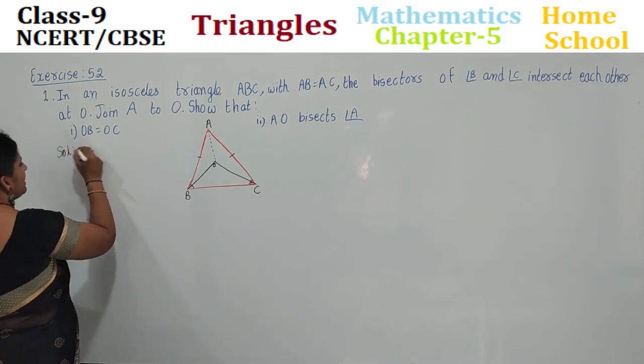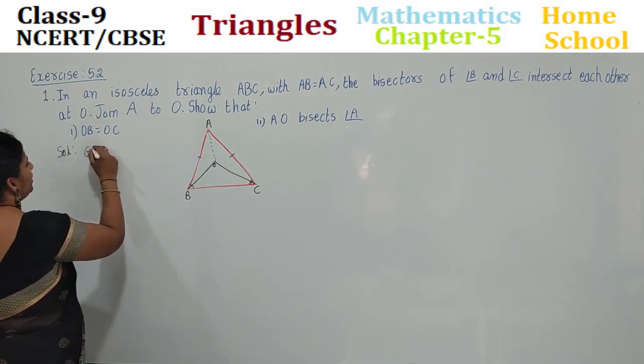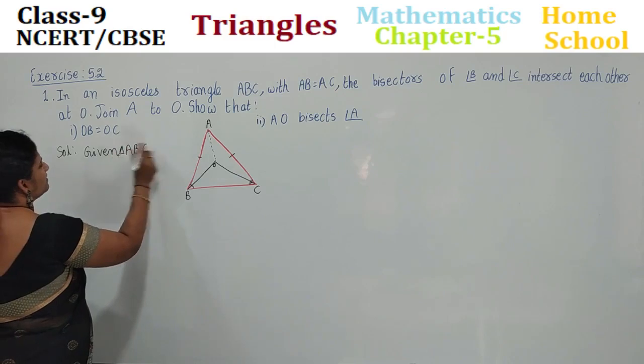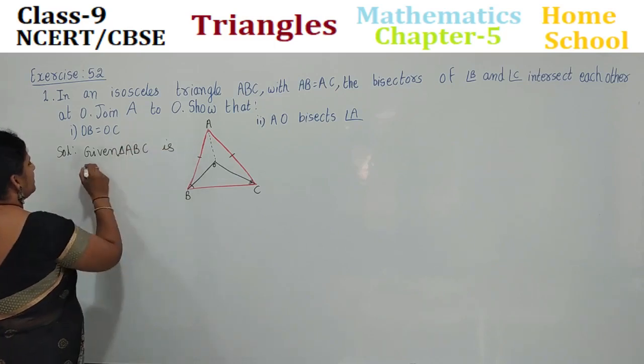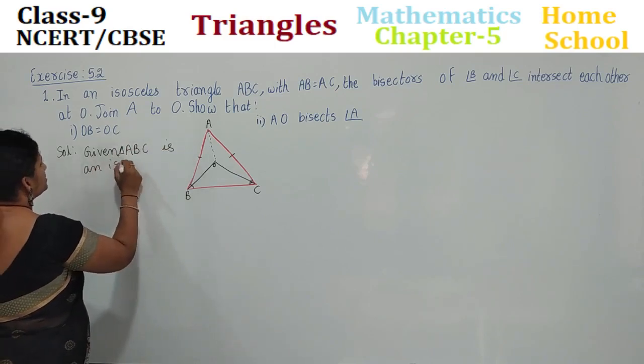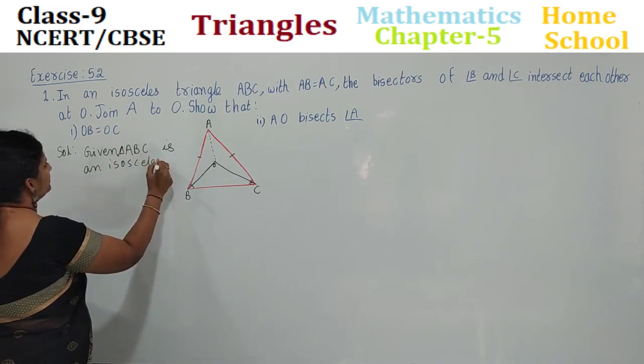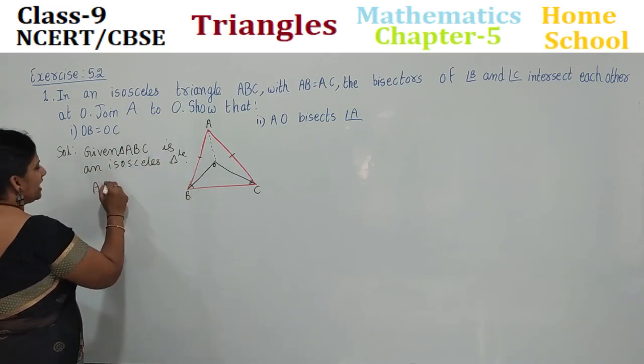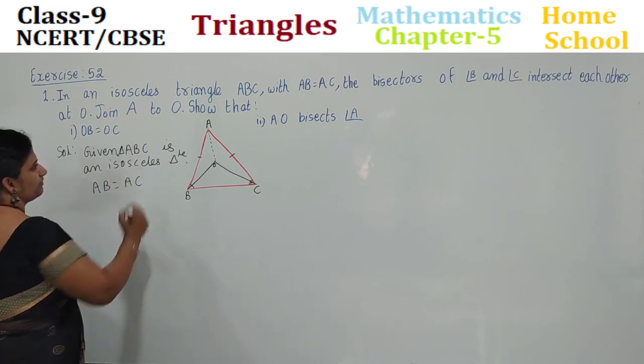Solution. Let's start with the given data. Given: triangle ABC is an isosceles triangle where AB equal to AC.